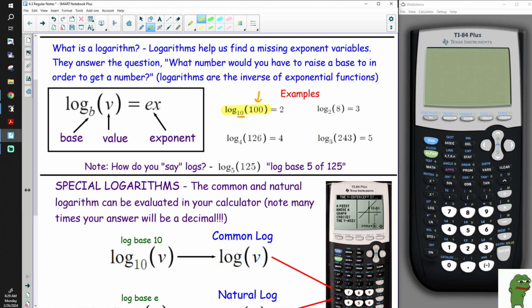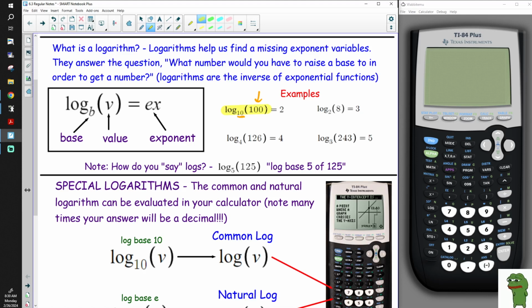And look at what it's equal to. This is telling us that 10 to the power of 2 will give us 100. Logs are riddles. The base to what power gives us what's in our parentheses. So if we look at the second one, this is the example we just did in the beginning. 2, which is our base, to what power is 8? 3.